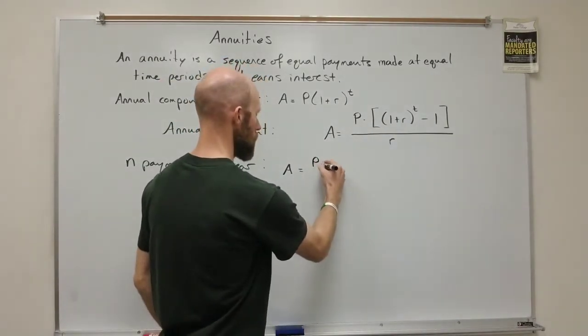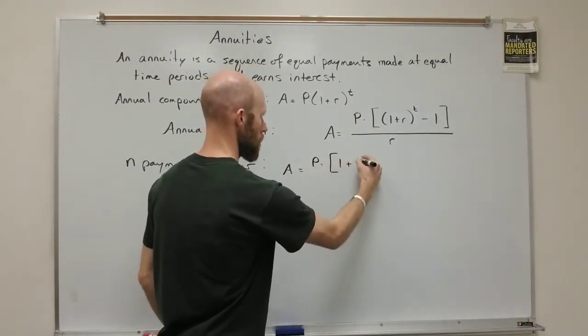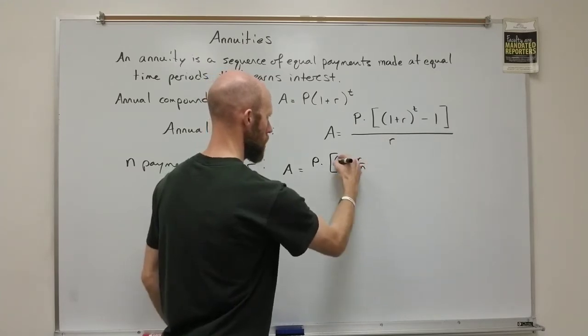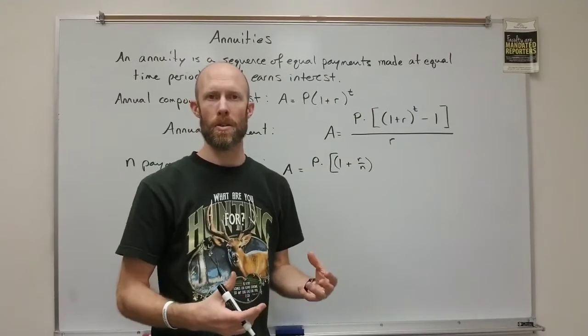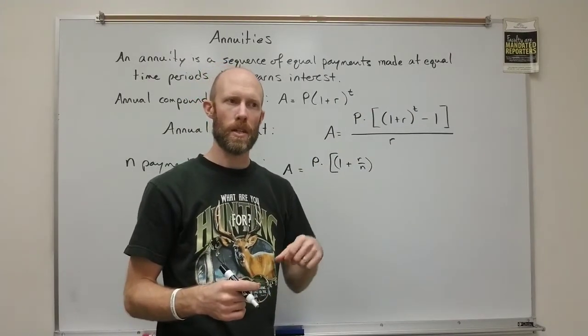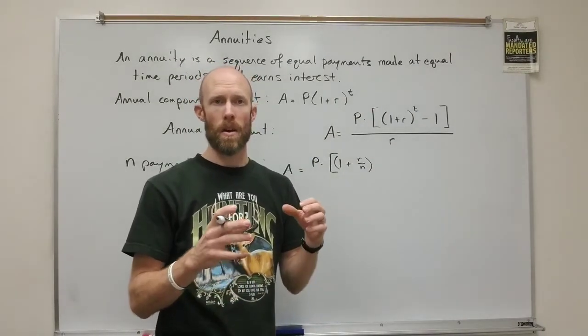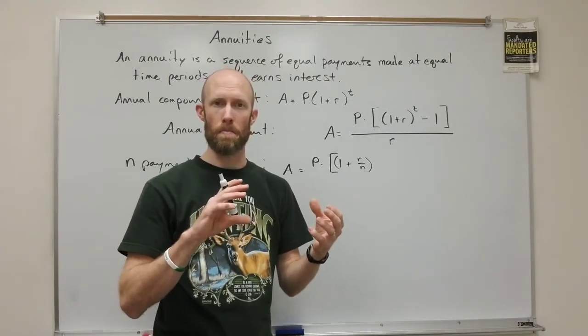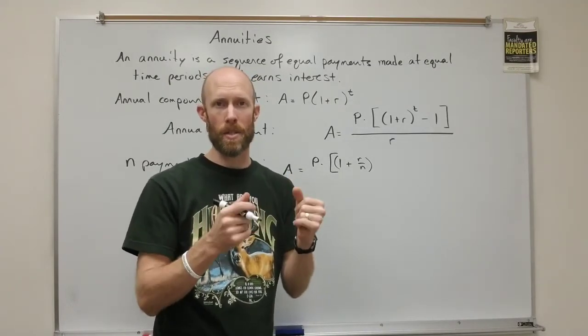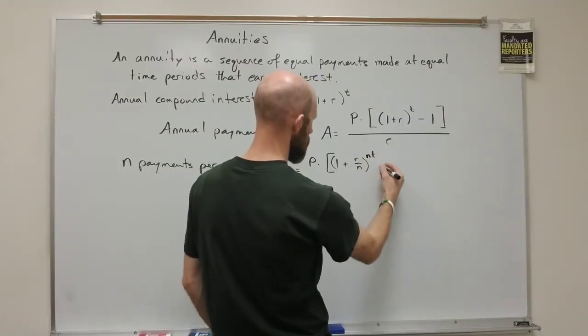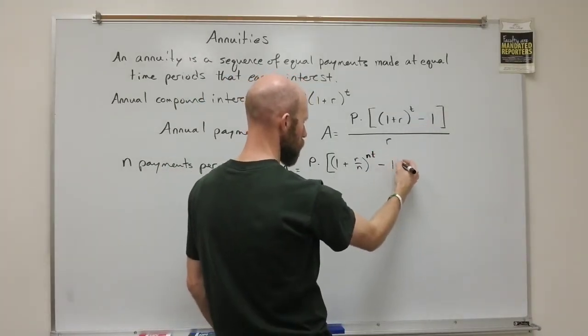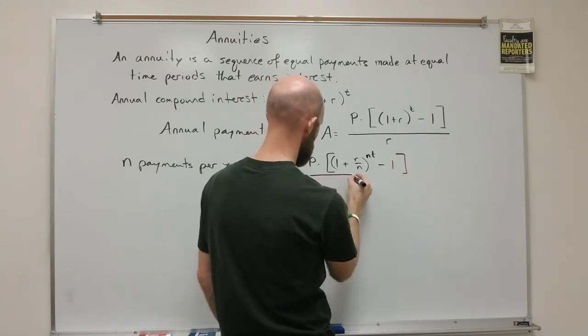So it's P times 1 plus R over N. And anywhere there's a T, you have to multiply it by the N, because you're not looking for every T years. You're looking actually to calculate this at every payment period, which is N times T total. NT, then you have your minus 1, and then you divide the whole thing.